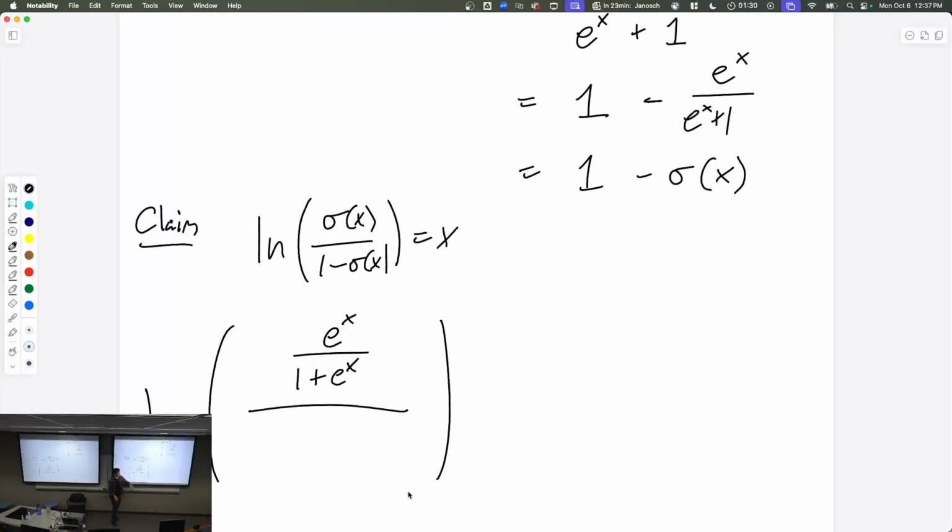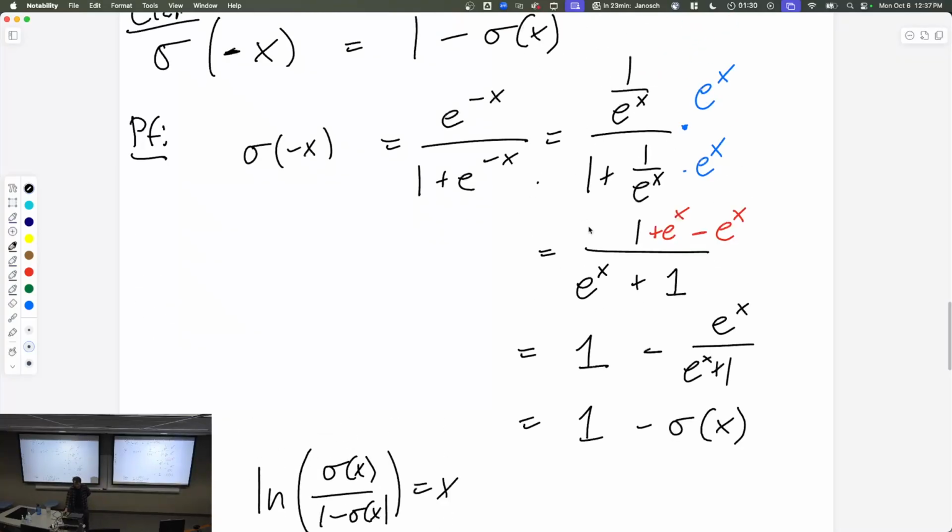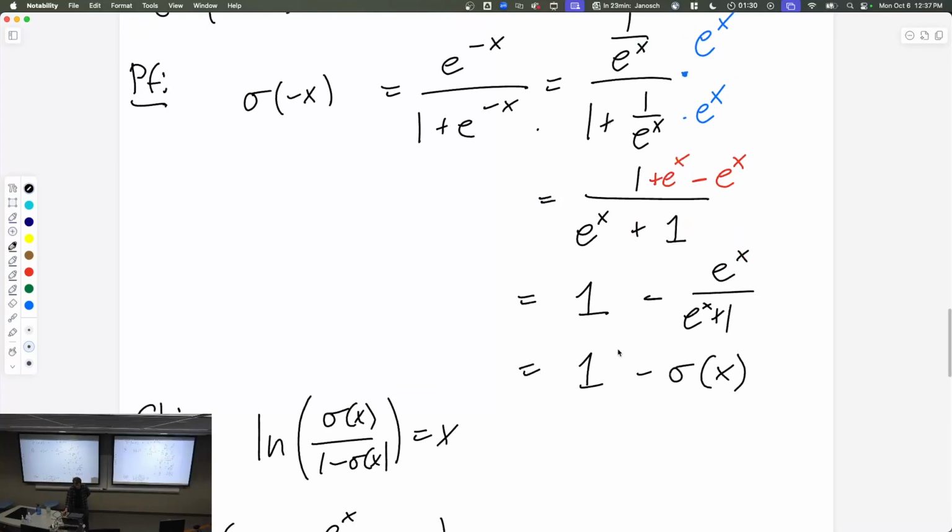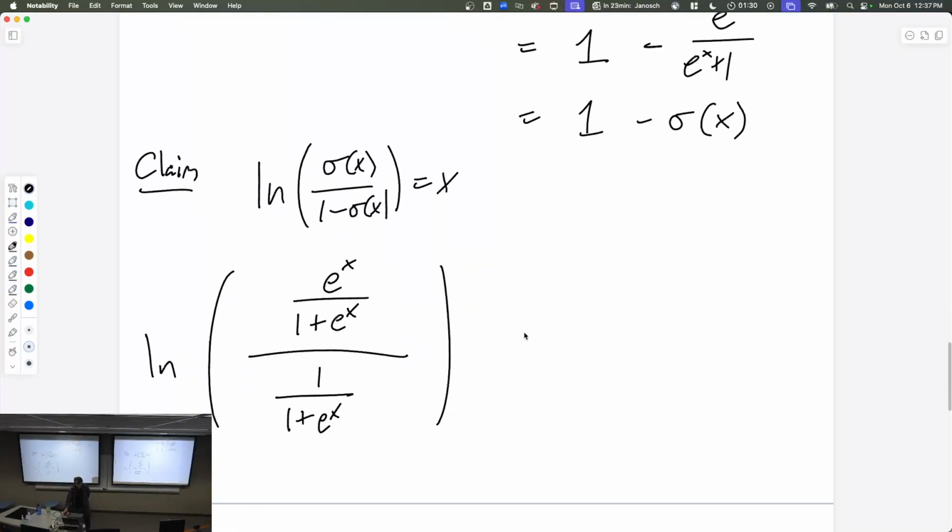We did 1 minus sigma of x a little bit ago. The 1 minus sigma of x is 1 over 1 plus e to the x. That was a nice little property, right? 1 over e to the x plus 1 turns out to be 1 minus sigma. So you got sigma, that's the e to the x part. The 1 minus sigma is the 1 part. All right, very nice. And then these cancel. Boom, which is the log of e to the x. And this is just x.